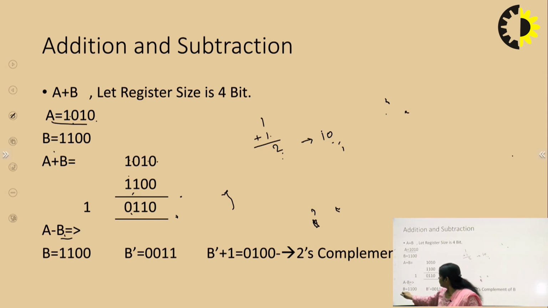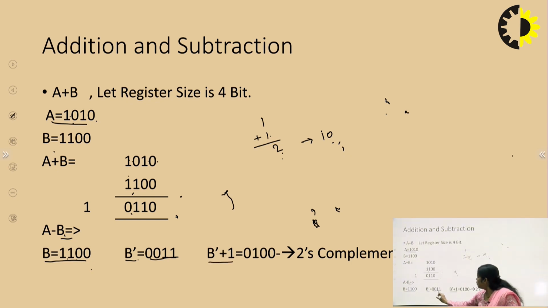So, first of all, we take B's 2's complement. 2's complement means first we take the 1's complement, then add 1. For B equal to 1, 1, 0, 0, the 1's complement of B is 0, 0, 1, 1. We just alternate each 0 to 1 and 1 to 0, so that number is B complement. After that, B complement plus 1 gives the 2's complement.